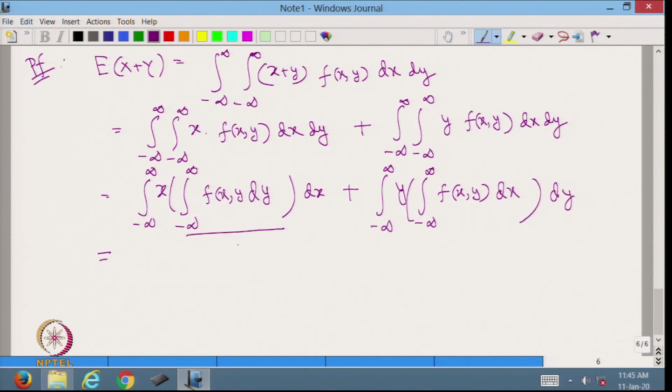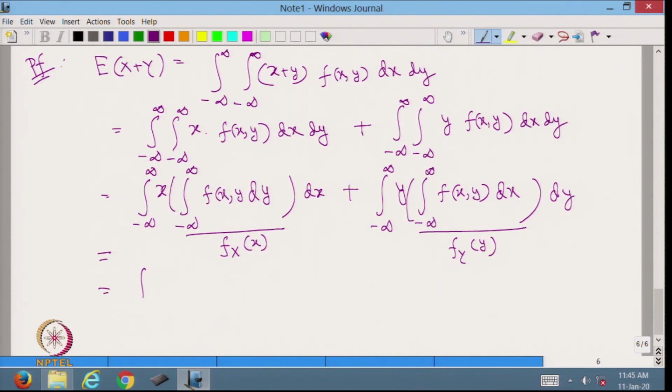Now, this internal part for a fixed x gives us the marginal density of x, and this gives us the marginal density of y.